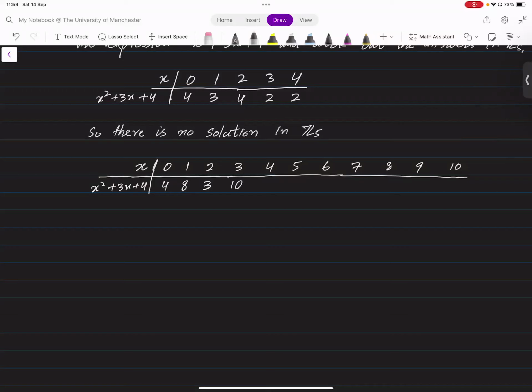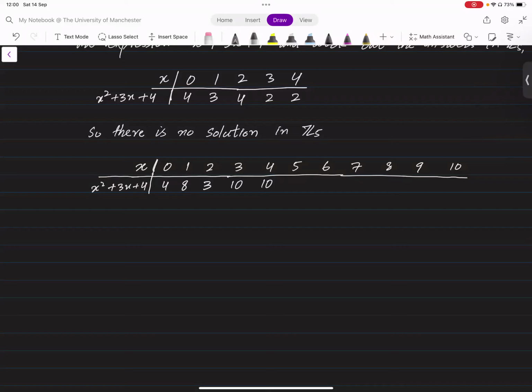Okay, let's put 4. 16 plus 12 is 28. 28 plus 4 is 32. So it will go 11, 2 times 11 is 22, and then you will have 10.